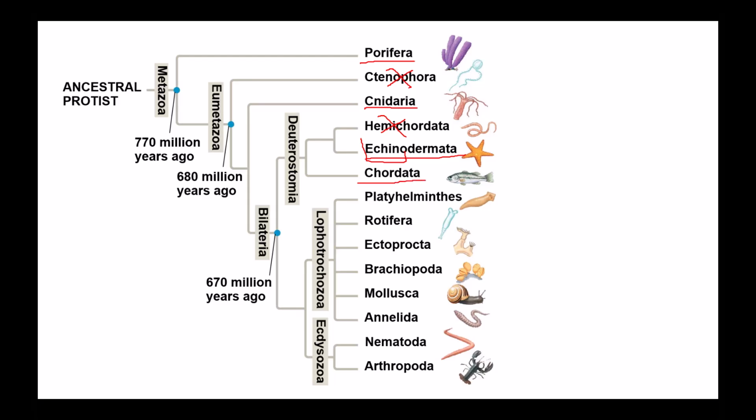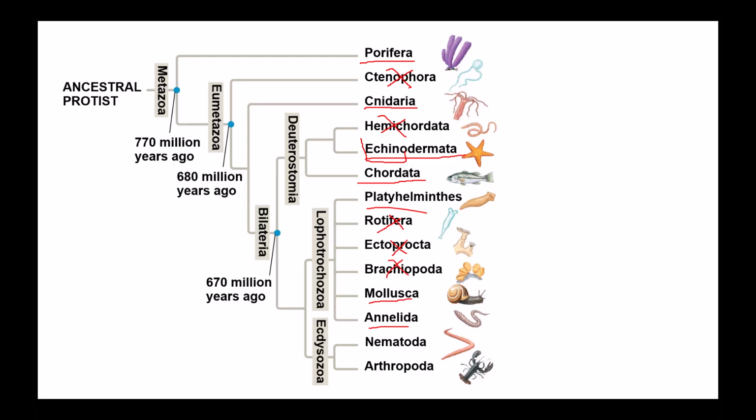Chordata, we're in that group. So there are things with a notochord. The vertebrates fall into chordata. Platyhelminthes, you'll need to know. They're the flatworms. Don't worry about rotifers. Don't worry about ectoprocta. Don't worry about brachiopoda. Do know the mollusks. So that would be squid, octopi, snails, slugs, things like that.